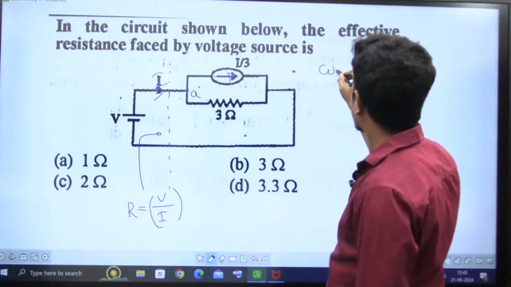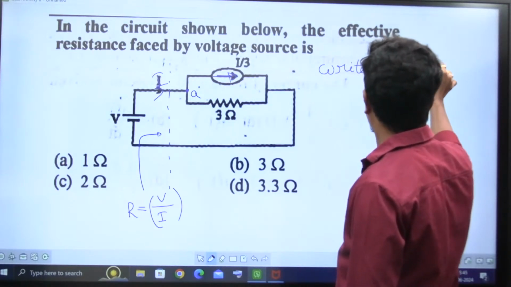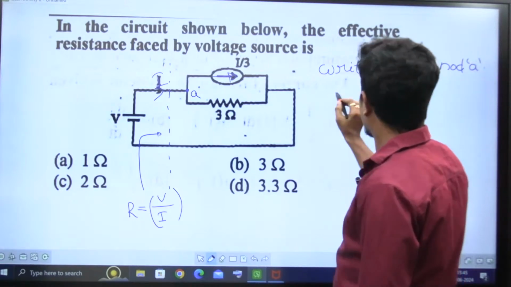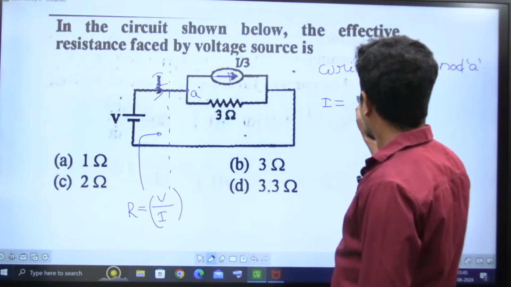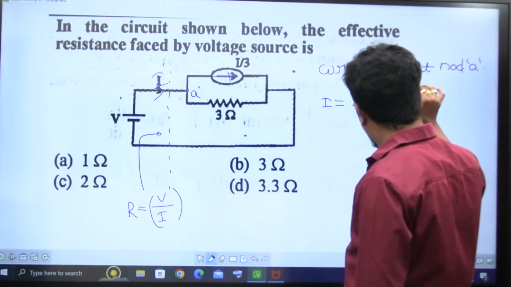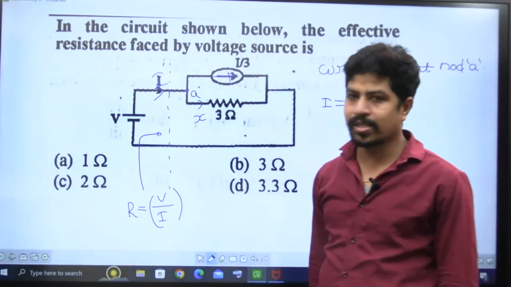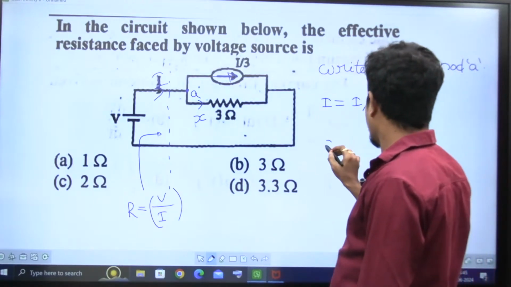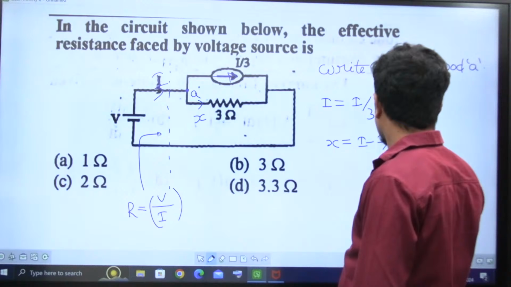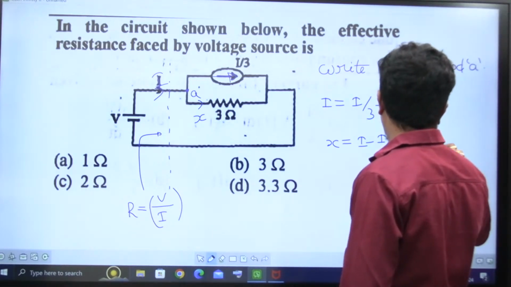KCL at node A. Incoming current is I. One of the outgoing currents is given as I by 3. The other outgoing current we don't know, so let us assume it as X. Then X is equal to I minus I by 3, that is nothing but 2I by 3.